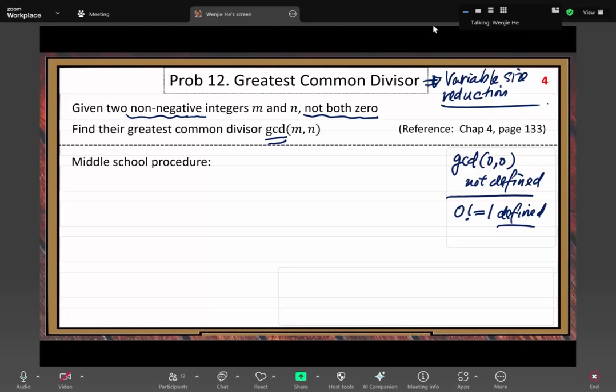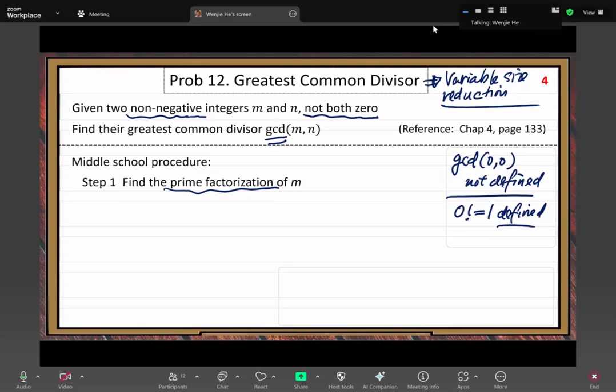Step 1, find the prime factorization of m, the first integer variable m. Here, when we talk about solutions, we can only consider both positive integers. Because if one is 0, then the answer is trivial.